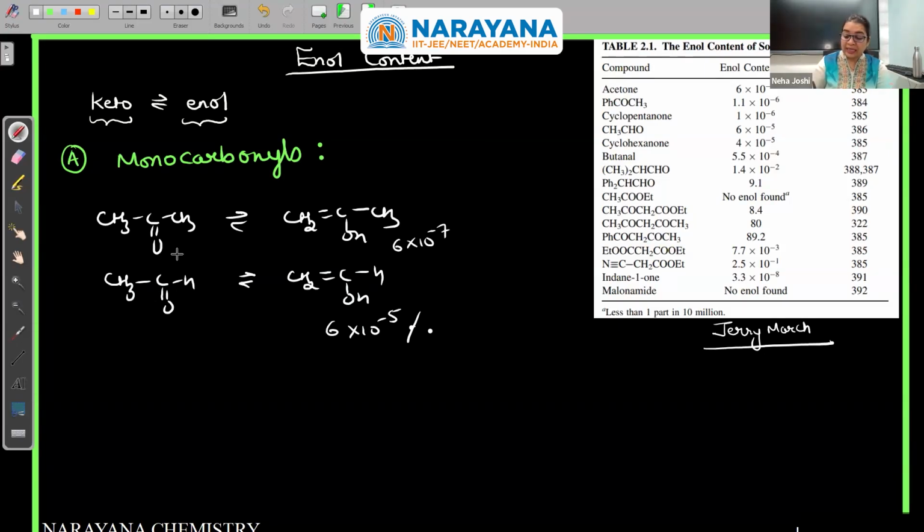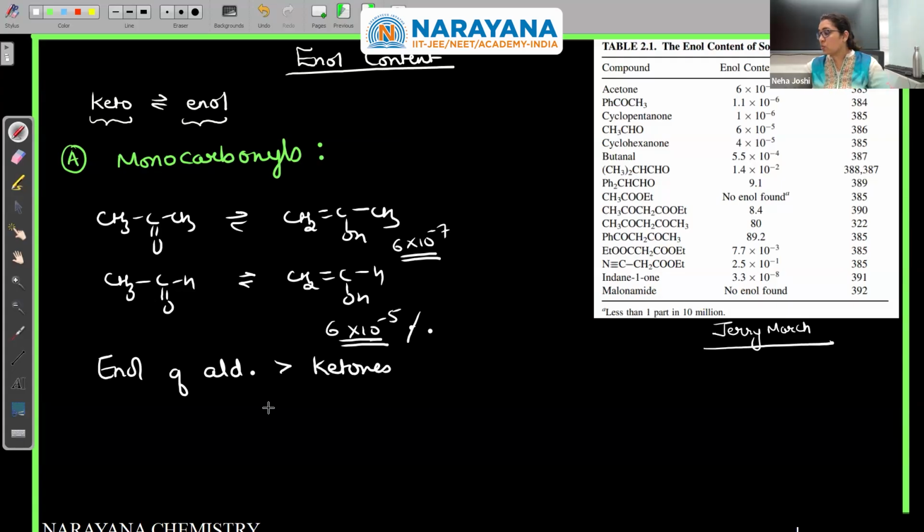For example, ketone has higher bond dissociation energy than aldehydes. And this is why you can see the difference. So in general, I can say the enol of aldehydes will be more than ketones, but again, I cannot say it everywhere, this is a general thing.